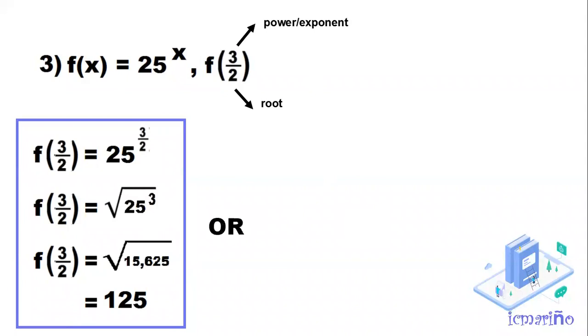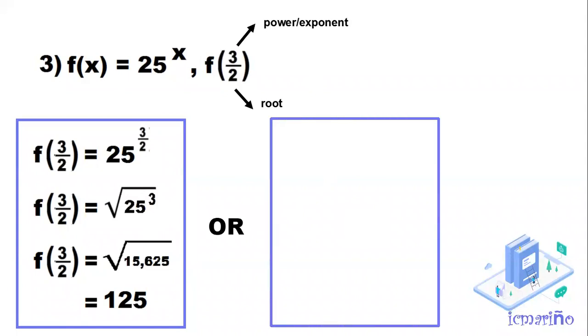Okay, we have another solution. So f of 3 over 2 equals 25 raised to 3 over 2.